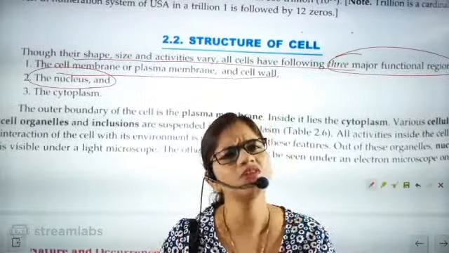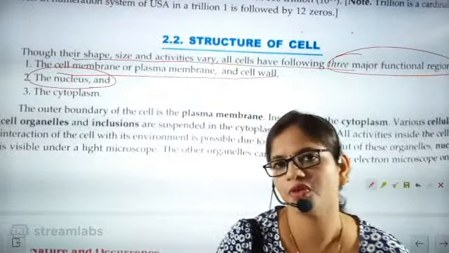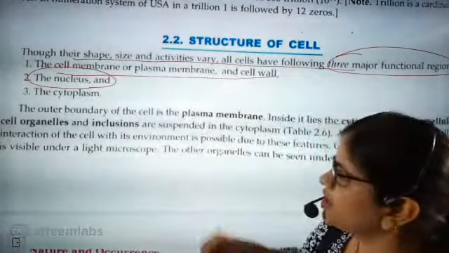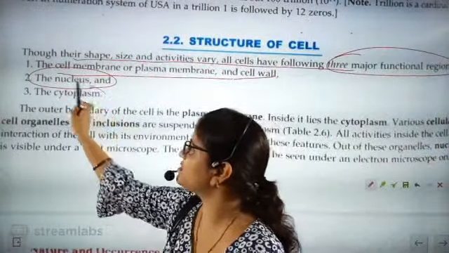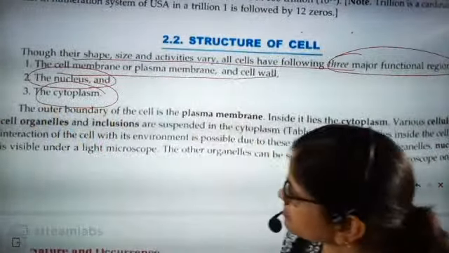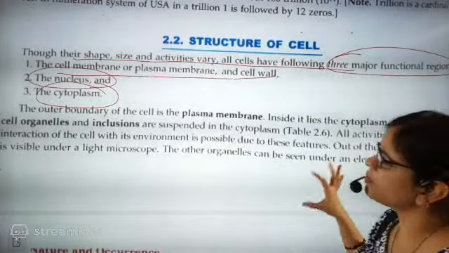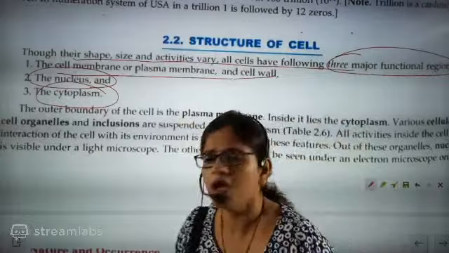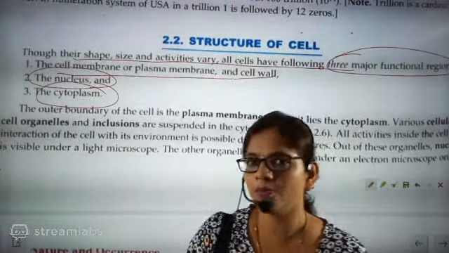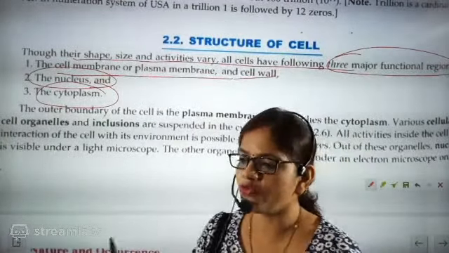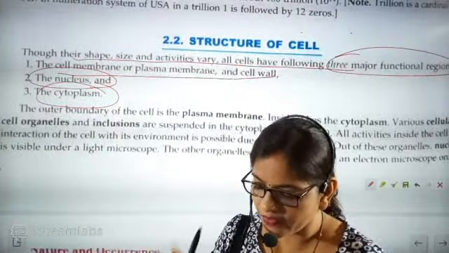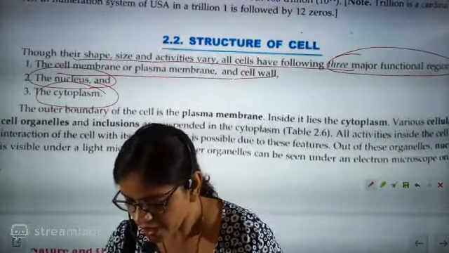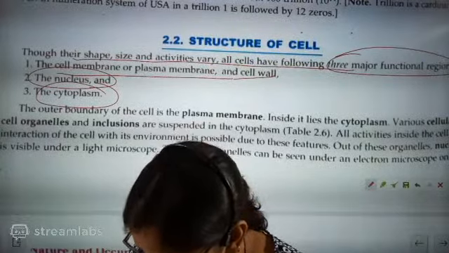But beta, for functional differentiation, if someone wants to do it in three types, that is nucleus, cytoplasm and the plasma membrane. Now we will be talking only about the outer membrane, that is the plasma membrane. First we will try to understand the plasma membrane, then we will go for the cytoplasm region, and then we will go for the nuclear region.